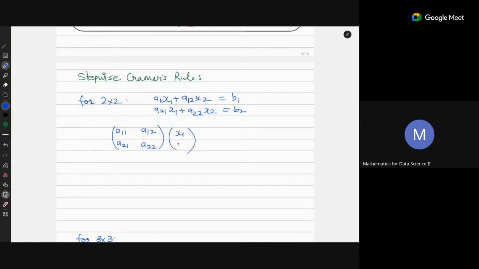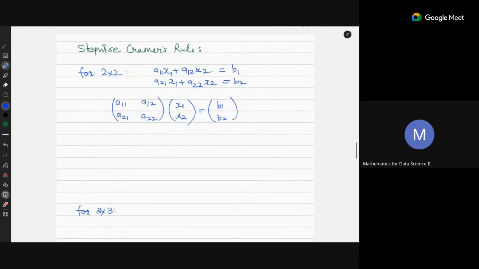Your variables column vector will be x1, x2, and your value column vector will be b1, b2.